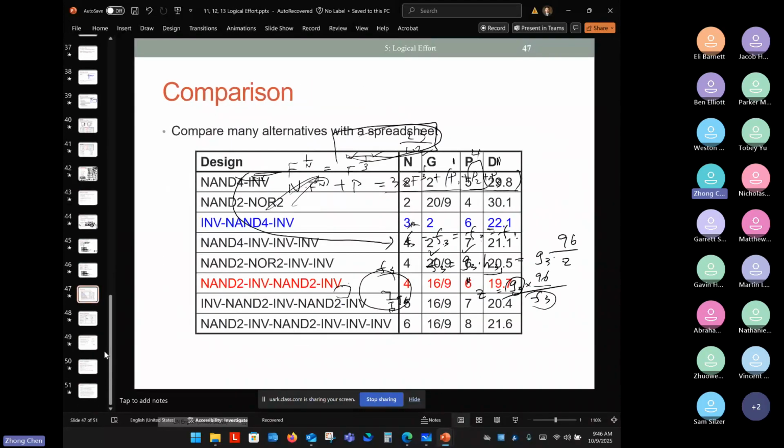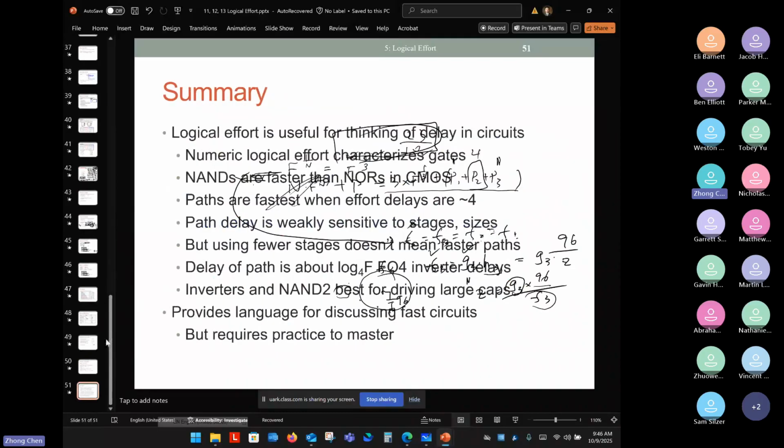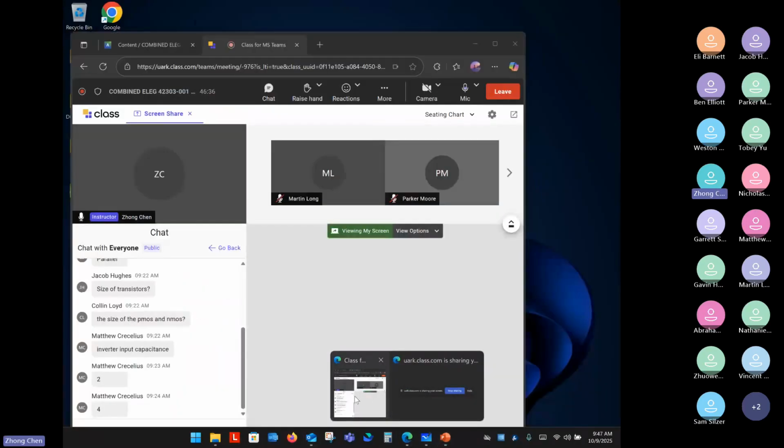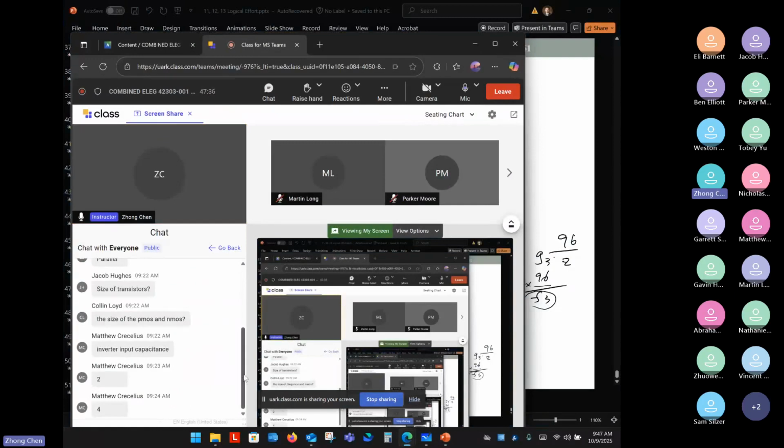All right. So the midterm exam will go until this slide, the last slide of this section. Do you have any questions about this logical effort, or maybe a question related to the midterm exam?